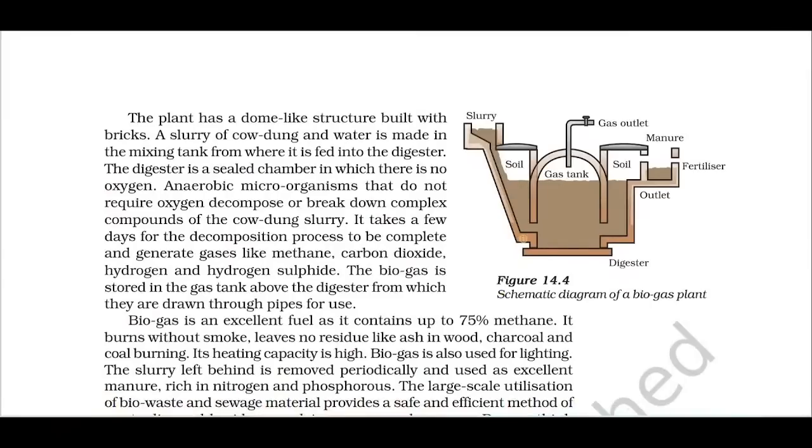See, the important 3 marks diagram you can expect is the diagram of gobar gas plant. How gobar gas is produced? It is produced by the anaerobic respiration of the biomass, which is done by the microorganisms, right? Which break down the complex compounds of the cow dung slurry, right?